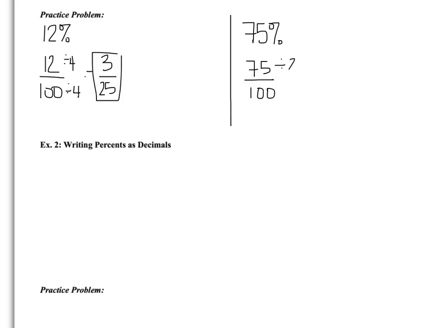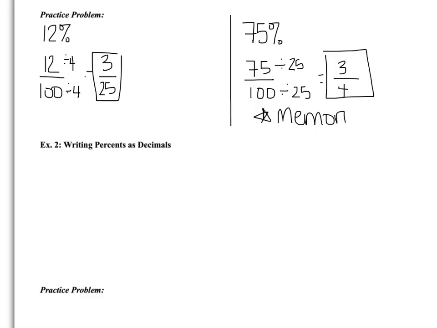So I know 25 goes into both 75 and 100. You could simplify out 5 or whatever other number, but 25 is the biggest number that goes into both 75 and 100. 75 divided by 25 is 3. And 100 divided by 25 is 4. 75% is equivalent to 3/4. This is probably one that you should memorize, one that you should know.